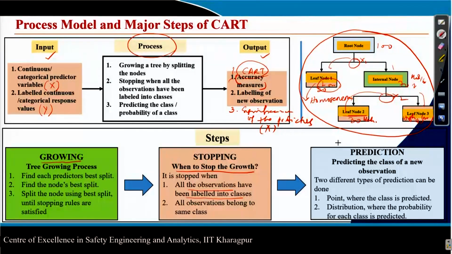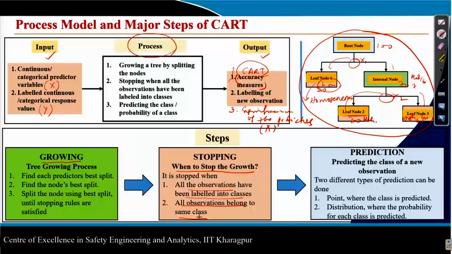And another one, as I told you, all observations belong to the same class. All observations have been labeled into classes, and all belong to the same class. In the leaf node particularly, if homogeneity is concerned, if one class of data is there, that is 100% similarity.